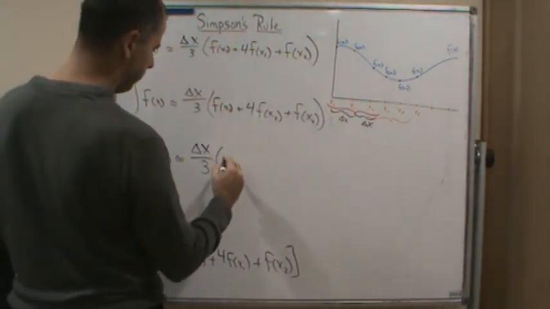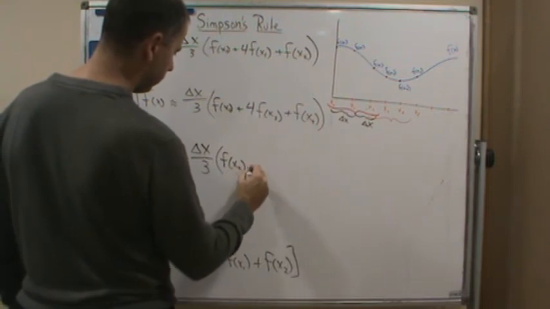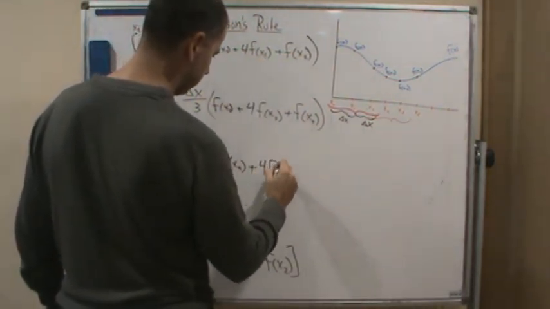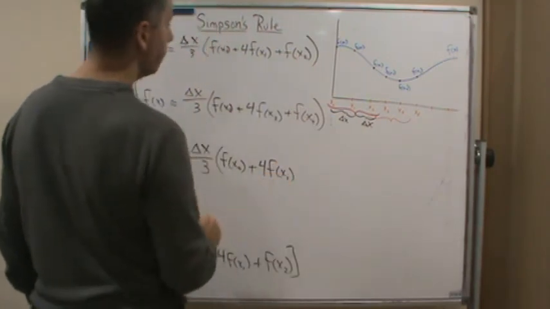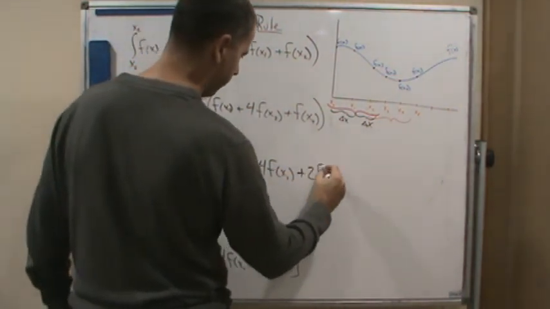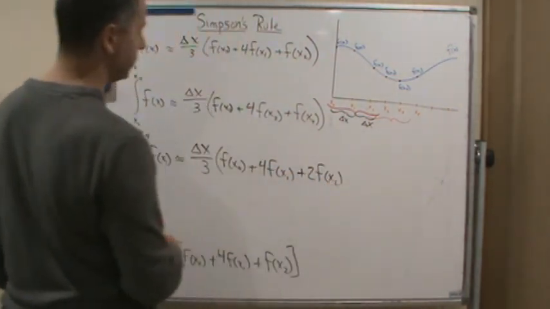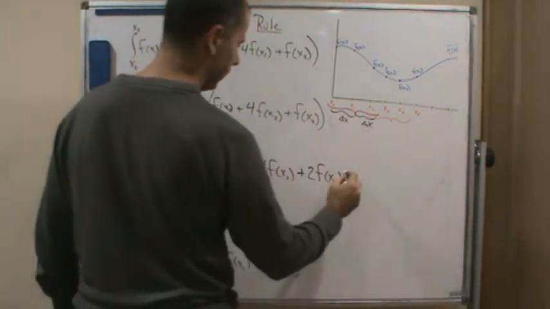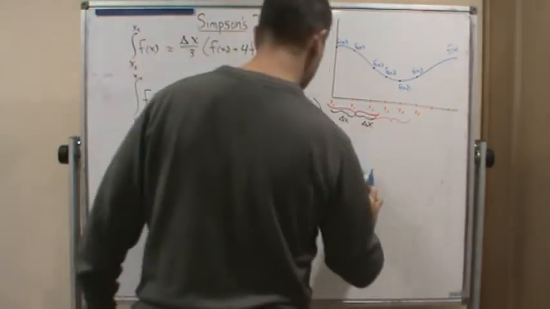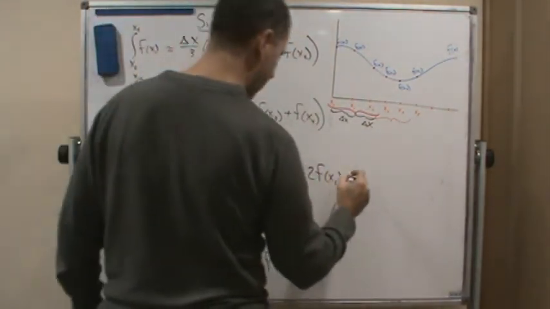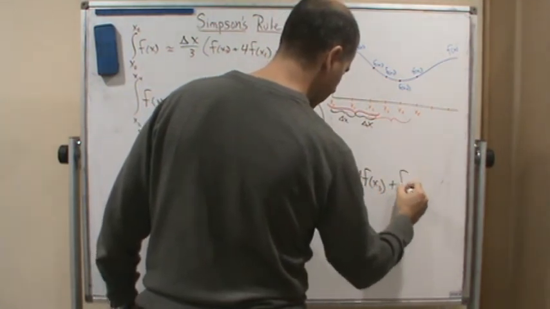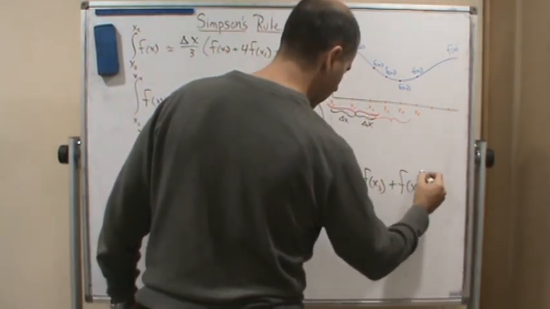I get f of x0 plus 4 f of x1 plus, now I've got this one plus this one, so that'll give me 2 f of x2, and then I've got 4 times f of x3 plus f of x4.